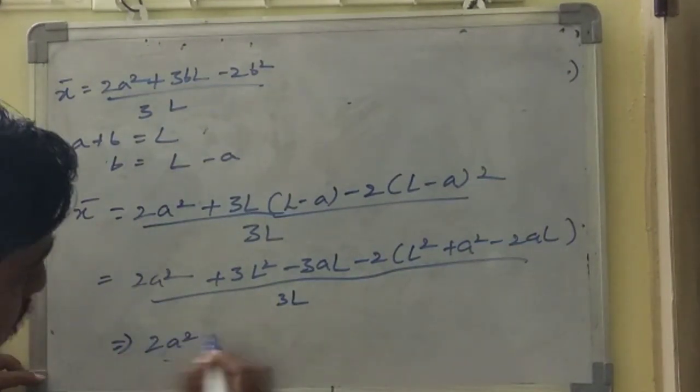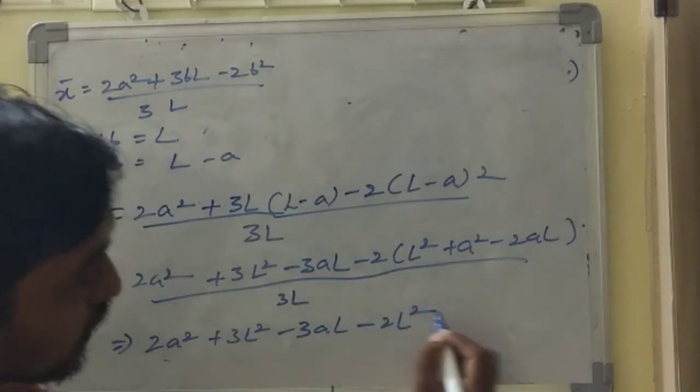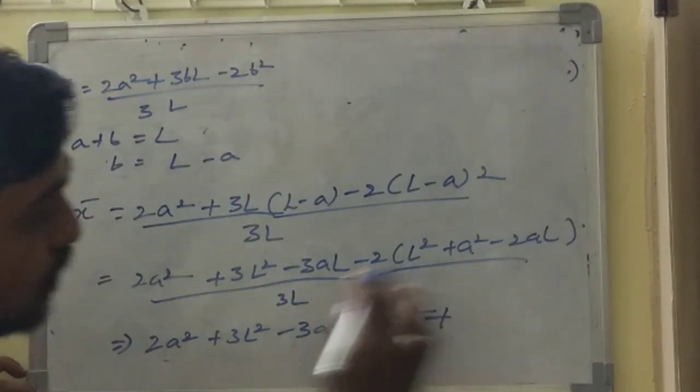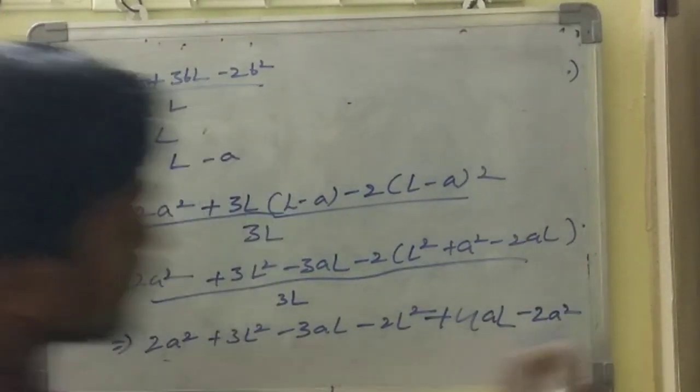So here 2A² + 3L² − 3AL − 2L² + 4AL − 2A².